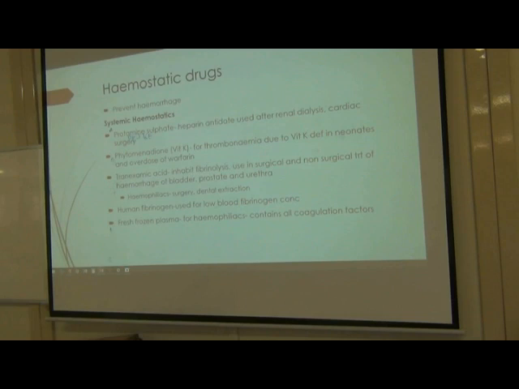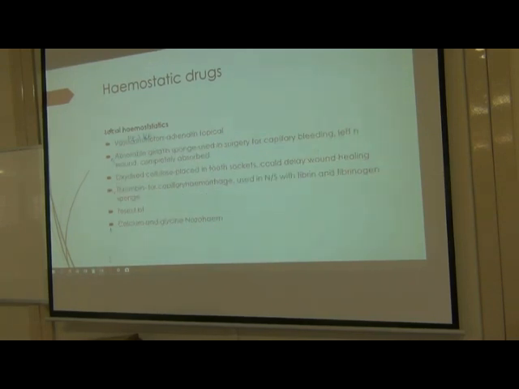So this acts opposite to your anticoagulants. Hemostatic drugs induce coagulation. Anticoagulants prevent coagulation. Okay? So it can be used locally as well. Topically you have adrenaline to help bleeding.